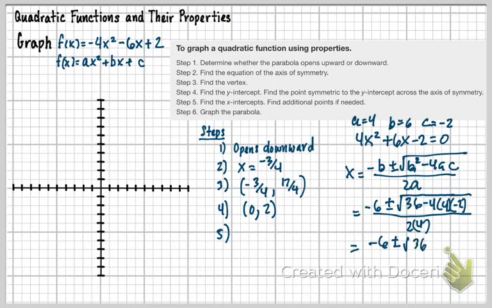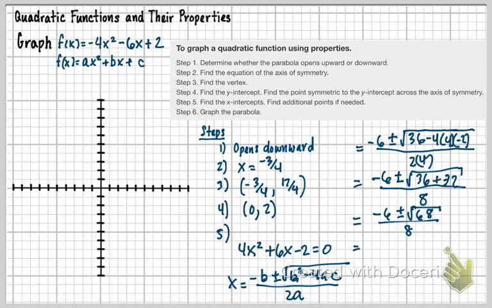So this is going to be 36 plus 32, since 16 times 2 is 32. And that's all over 8. So now, furthermore, 32 and 36, that's 68. So negative 6 plus or minus the square root of 68 over 8.